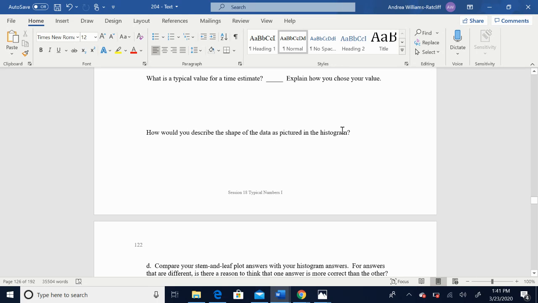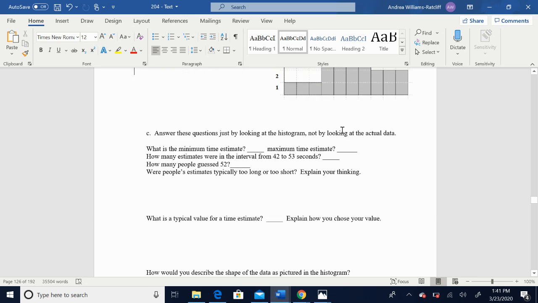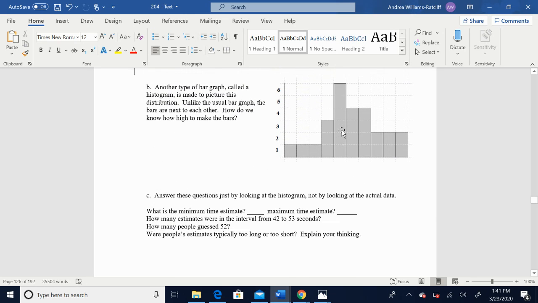Sorry. The question asks us, how do we describe the shape of the data in the histogram? Okay, this histogram starts to look a little more symmetric. Okay, we do still see the majority of the data is clustered near the center, but it's looking a little bit more symmetric.